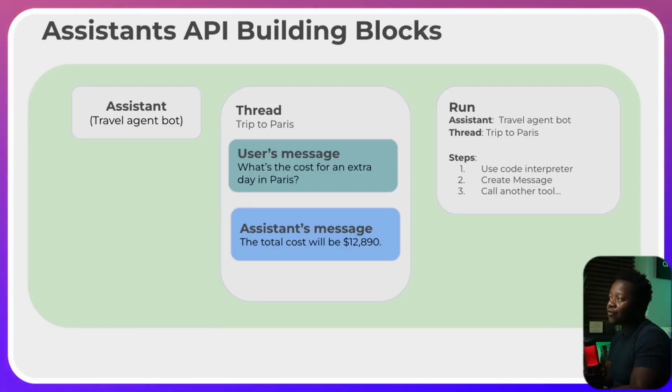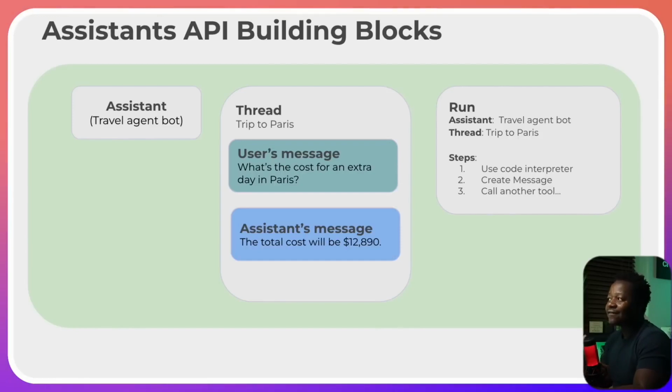So in this case here, the run, as you can see here, has to have access to the assistant. In this case, you will see later, it's just going to be an ID. It also has to have a reference to the thread, because that's where all the messages are. So in this case here, the assistant is going to be our travel agent bot, and the thread is trip to Paris, for instance.